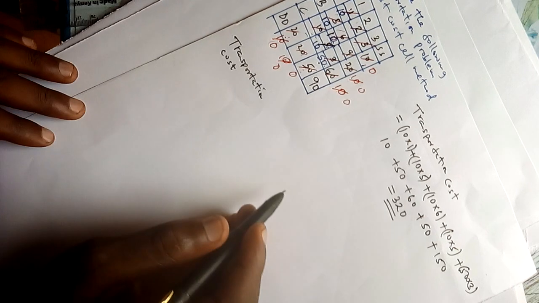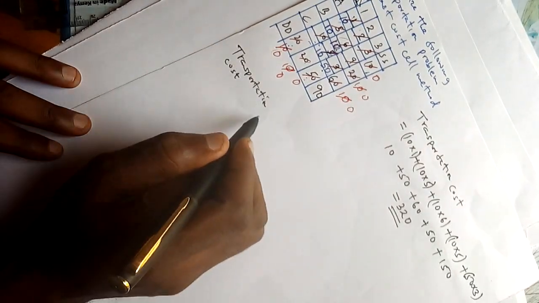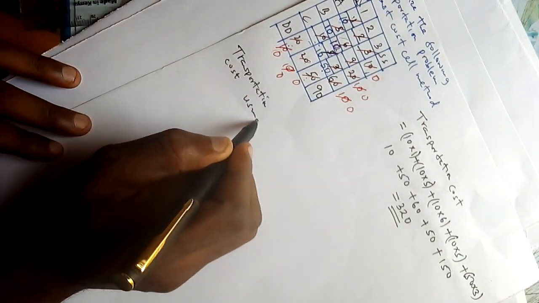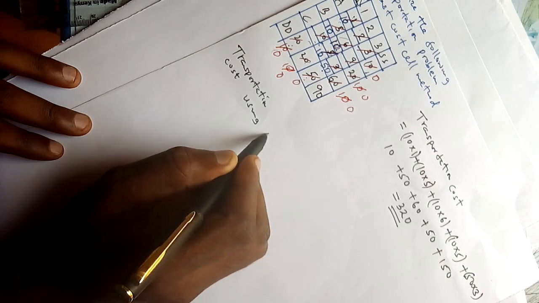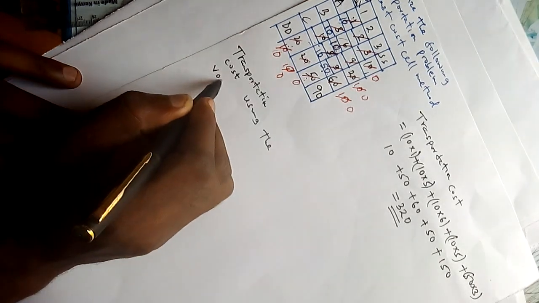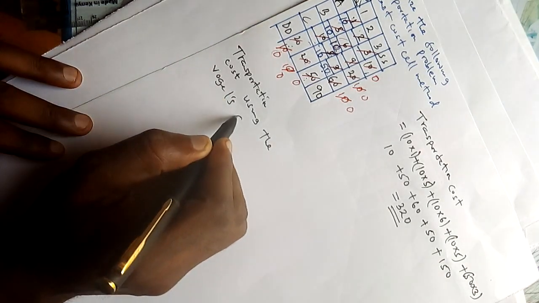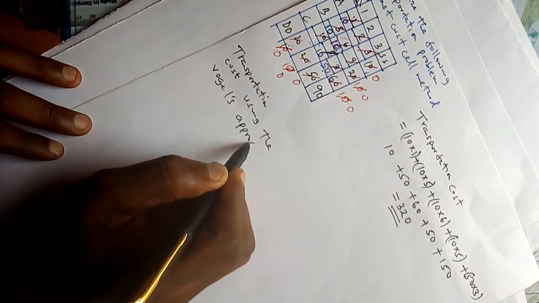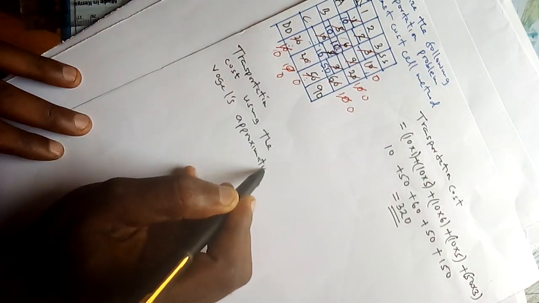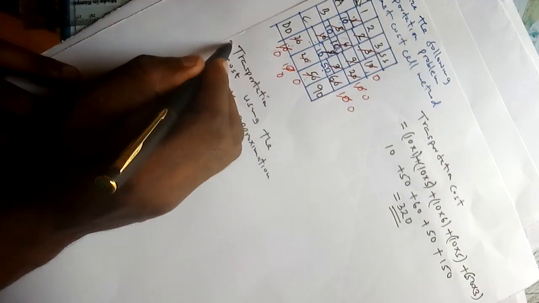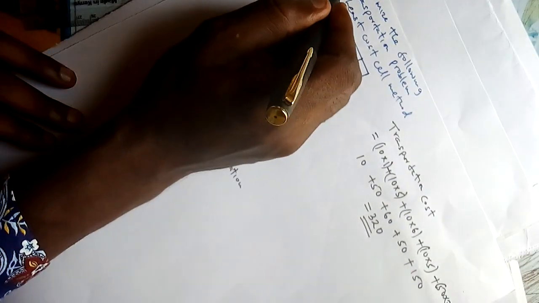So we are going to move to transportation cost using the Vogel's approximation. So this is the third formula, this is the second formula.